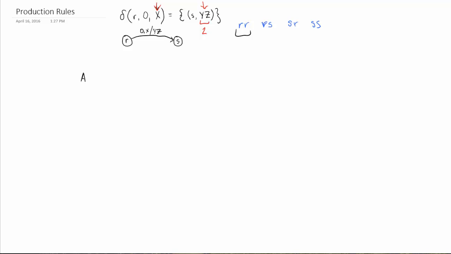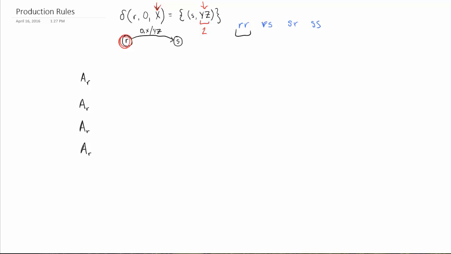So, first one, this first little subscript is going to be the transition's origin. So the transition's origin is always R, which means that we will have 4 production rules where we start with A and then we have a subscript R. The next subscript is the symbol that is currently on the stack.